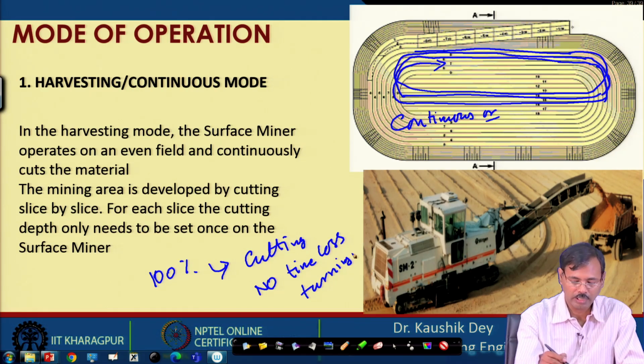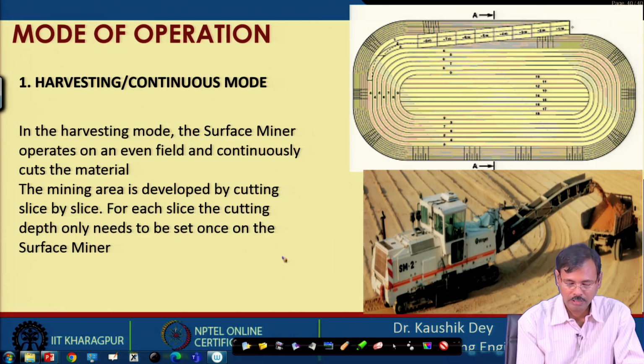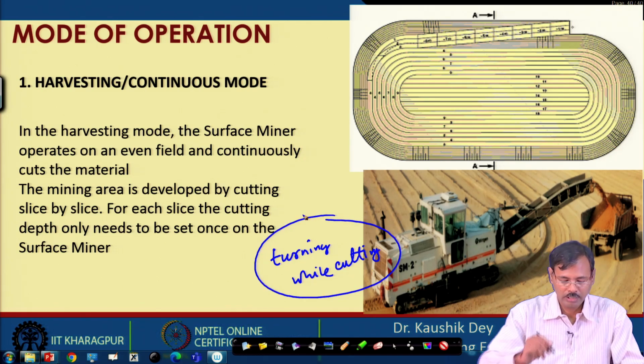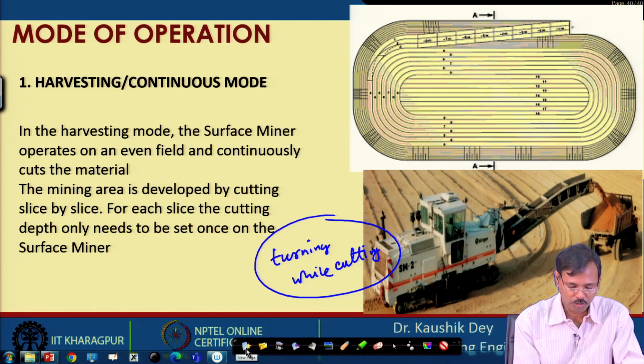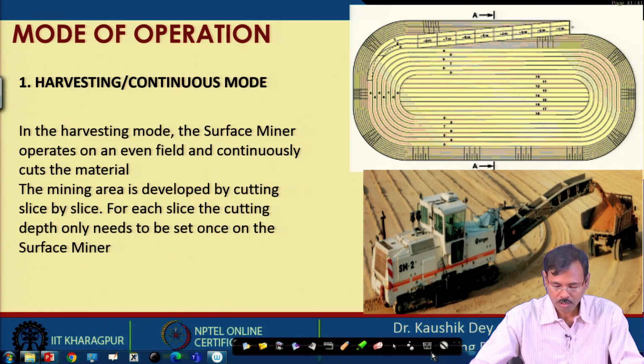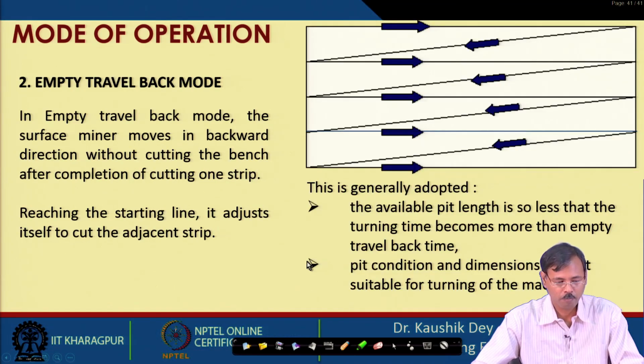So, here the essential part is that the turning is carried out while cutting. So, the turning is carried out with the cutting only, that is the characteristic of the continuous or harvesting mode of operation. We will come to the advantages and disadvantages at a later part.